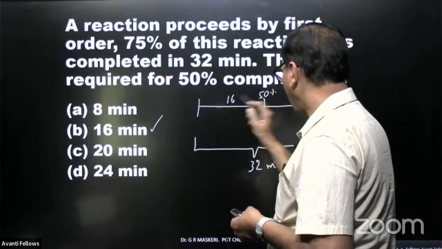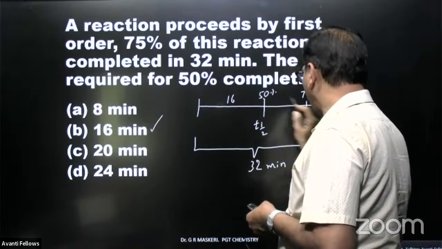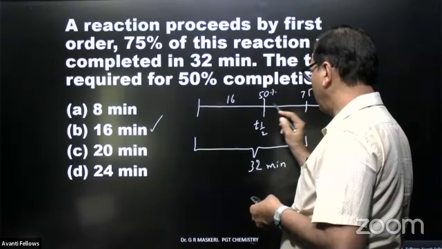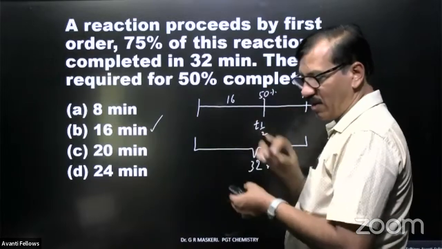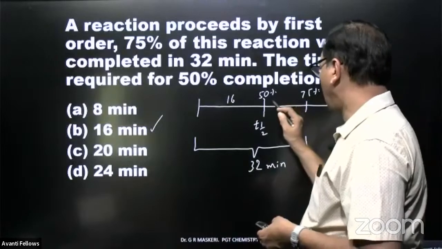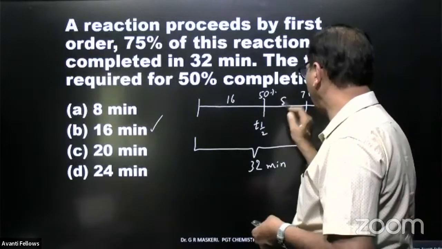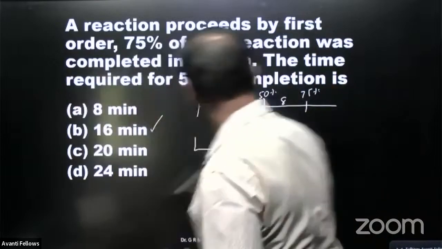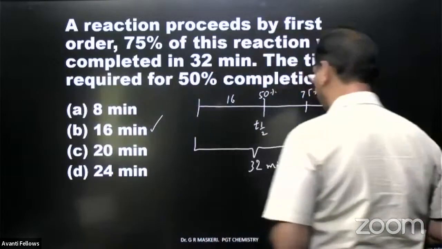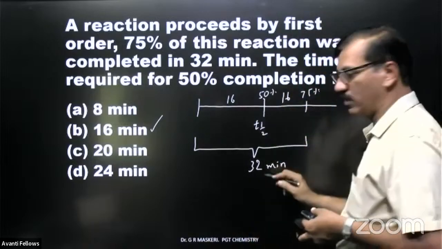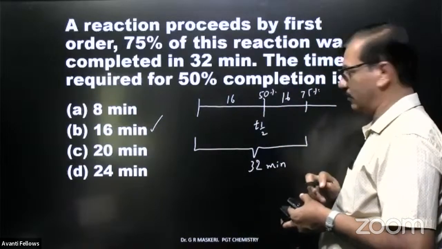And for 50 to become half of its value, that means 75, it needs 16 minutes again. So 16 plus 16 is 32 minutes. Therefore, 16 is the right answer.